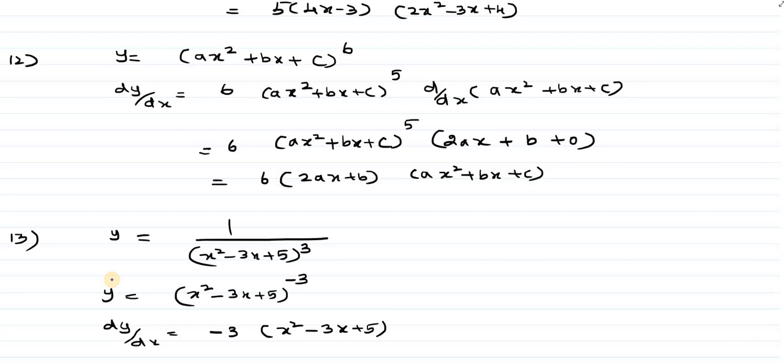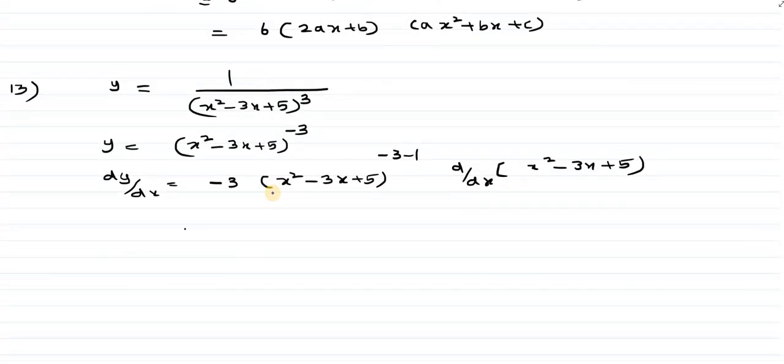If it is a positive number, n - 1. x^n differentiated is n x^(n-1). Here the n value is negative, so -3 - 1. For that I am writing the step. So (x^2 - 3x + 5) to the power -4, and then we have to differentiate the function.